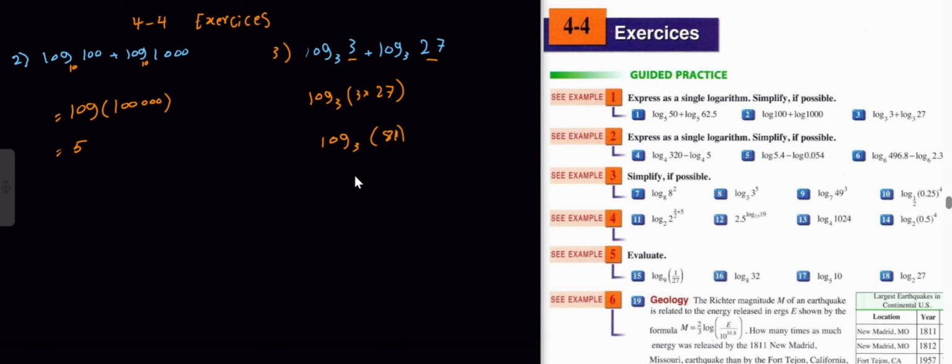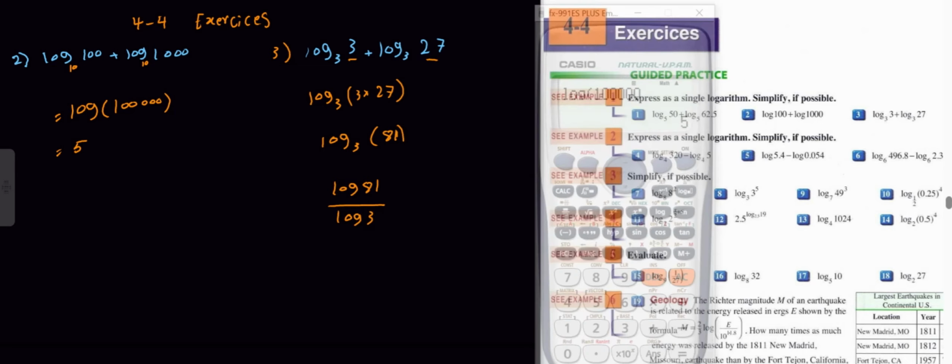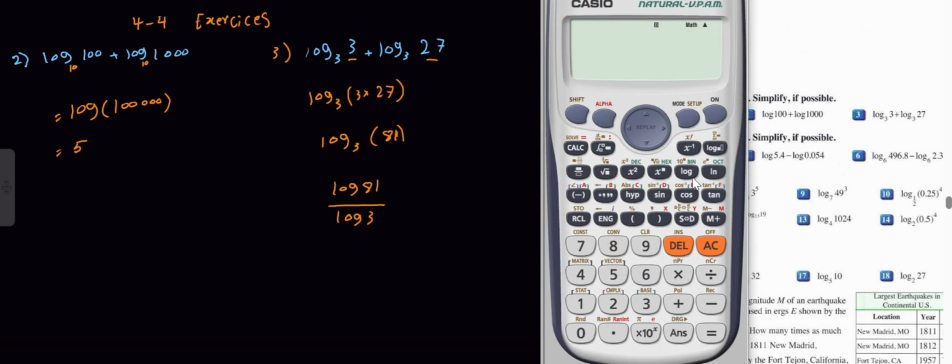To solve it by the fifth property, which is log 81 divided by log 3. You can skip this step, but I will do it. Log 81 divided by log 3 equals to 4. That's it. This is how we solve it.